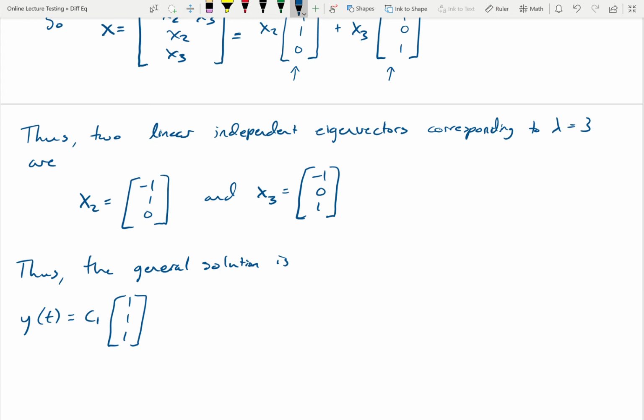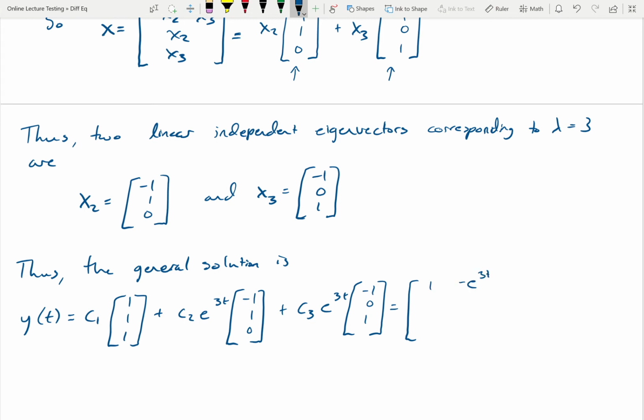So e to the 0 is 1, plus c2 e to the 3t times its eigenvector of -1, 1, 0, plus c3 e to the 3t times its eigenvector, which if we wrote this out in matrix form, we get 1, negative e to the 3t, negative e to the 3t, 1, e to the 3t, 0, 1, 0, e to the 3t, times the vector c1, c2, and c3.